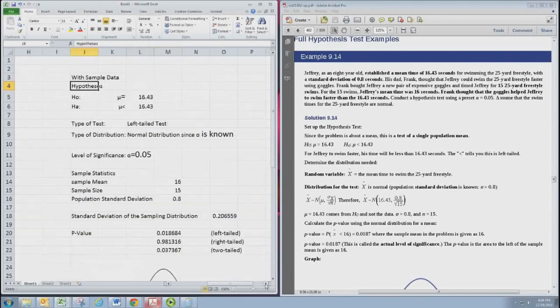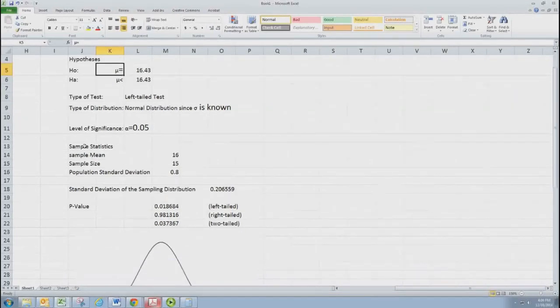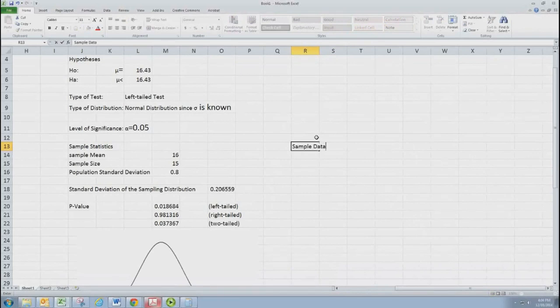So, in the situation where you're working with sample data, you would still diagnose your hypotheses and the test, and the type of distribution, level of significance. But when you get to sample statistics, you would have to calculate these. So we're going to go ahead and create a column here where you'd actually put in the sample data. And you would have to paste in the numbers here. So I'm just going to put in a bunch of numbers.